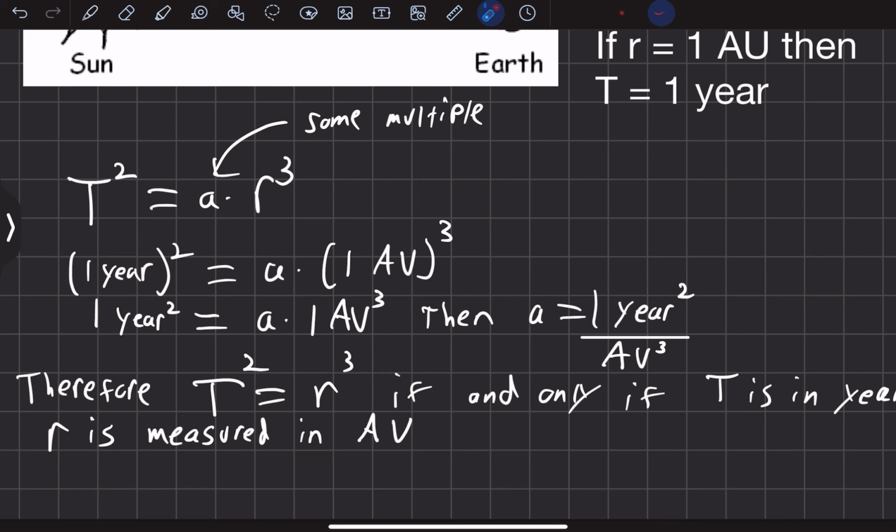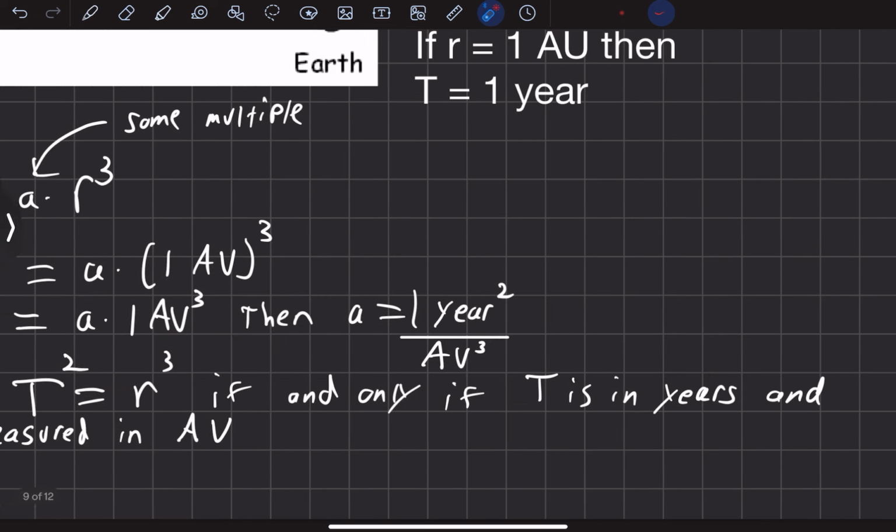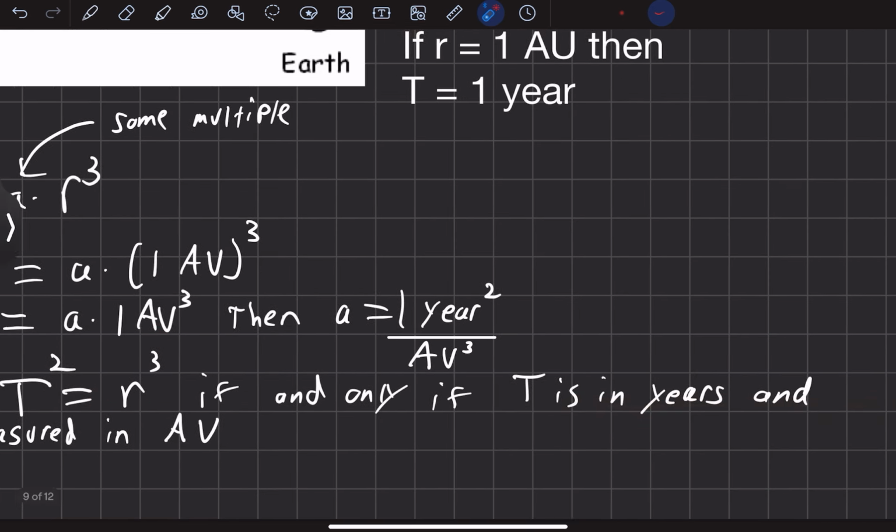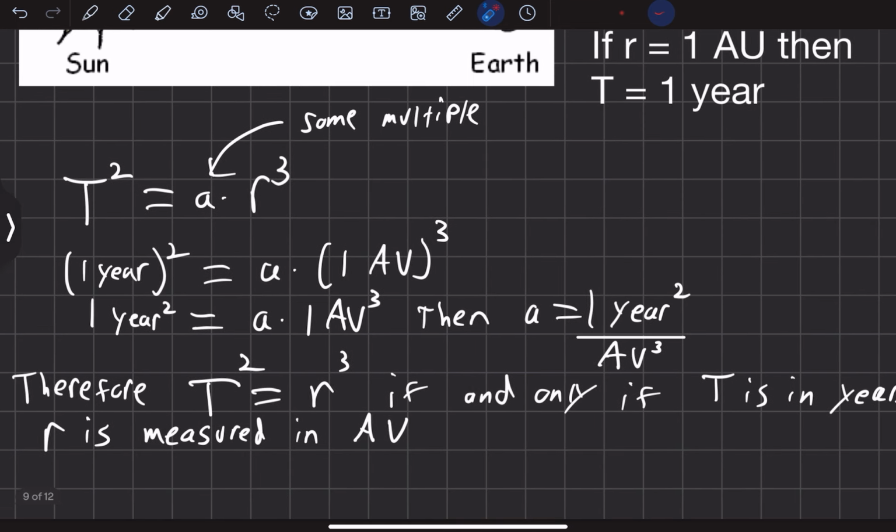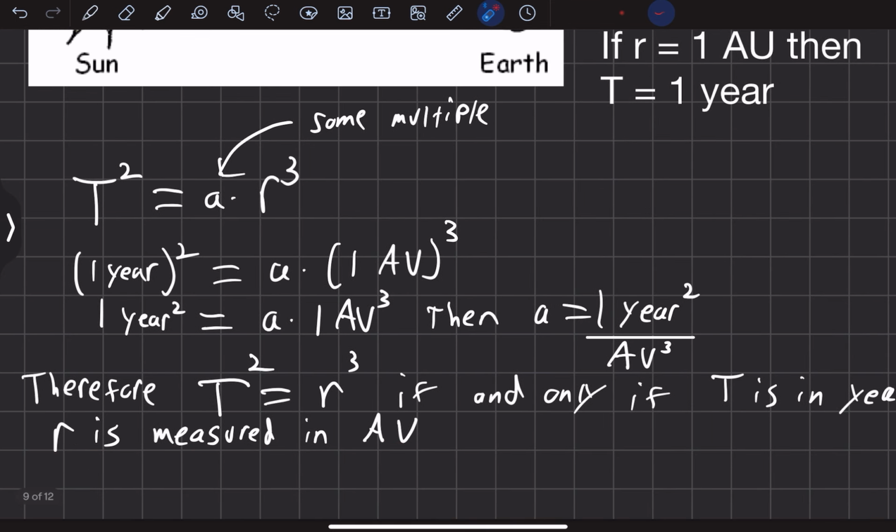This A, although it has some weird units going on, only has the value of 1, which means we can write that the value, not including the units, of period squared equals the value of r cubed if and only if the period is in years and r is measured in astronomical units.